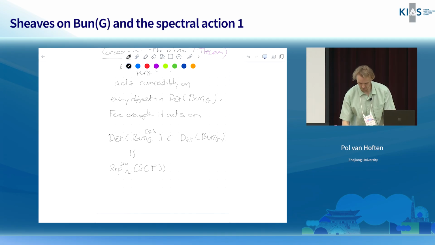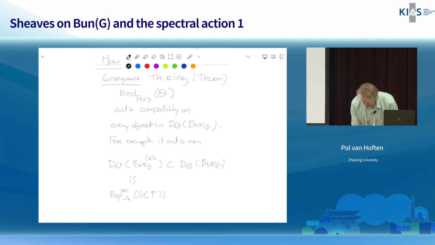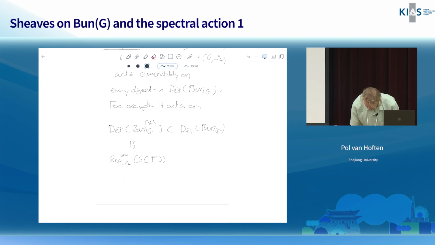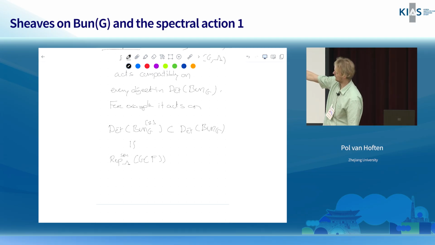Okay, and so this ring has a name. This is called Z^spec(G, lambda). And we also have a classical name for the ring of compatible endomorphisms of objects in the representations of the smooth thing, and that's the Bernstein center.